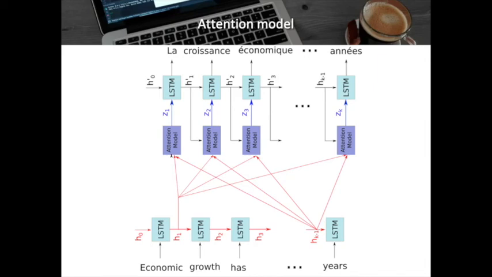Okay, so what we can also do is see this process as an alignment, because the net typically focuses on a single input word each time when it produces an output word. So that also means that most of the attention weights are black.